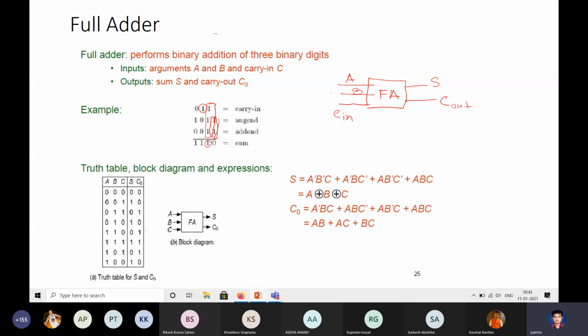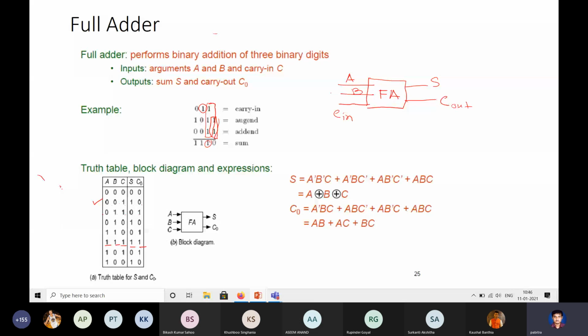Similarly here, look at this case, input is 1 1, carry in is also 1, sum is 1, and carry out is also 1. Okay, so this is the table for the full adder. And you can naturally see why I'm interested in this full adder, because I'll use this for adding n-bit numbers.